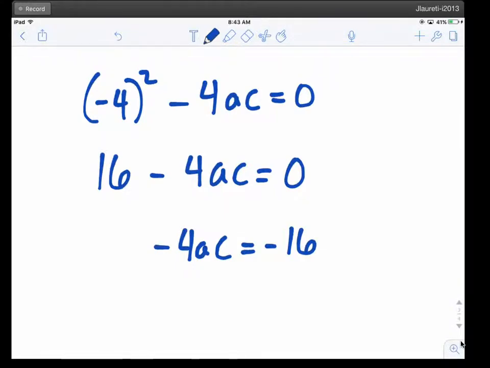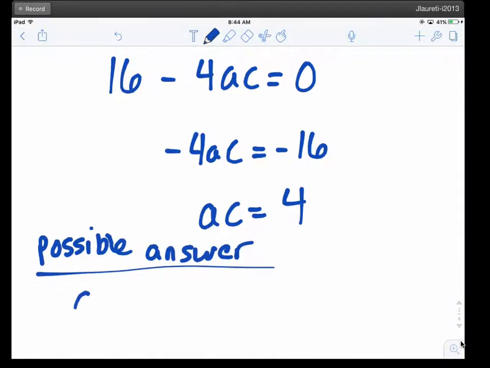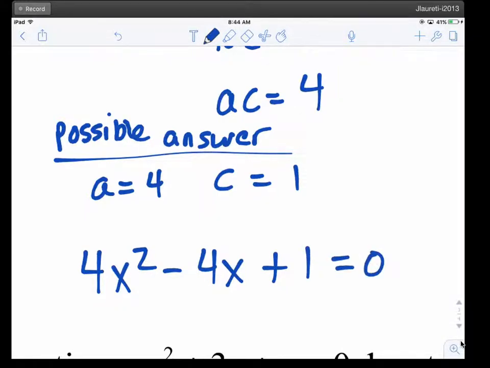If you move the 16 over and then divide by negative 4, AC is going to give you what? Positive 4. So what would be two integers that multiply to give you positive 4? 4 and 1, right? So a possible answer could be A is equal to 4 and C is equal to 1. So my equation now is going to be 4x squared minus 4x plus 1 is equal to 0.